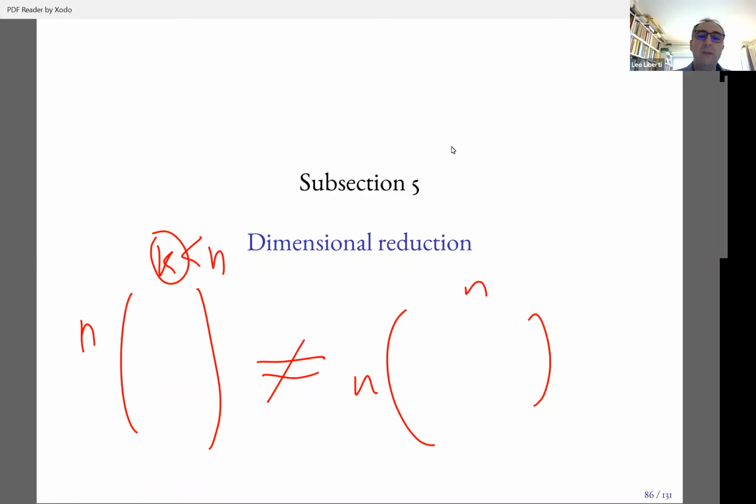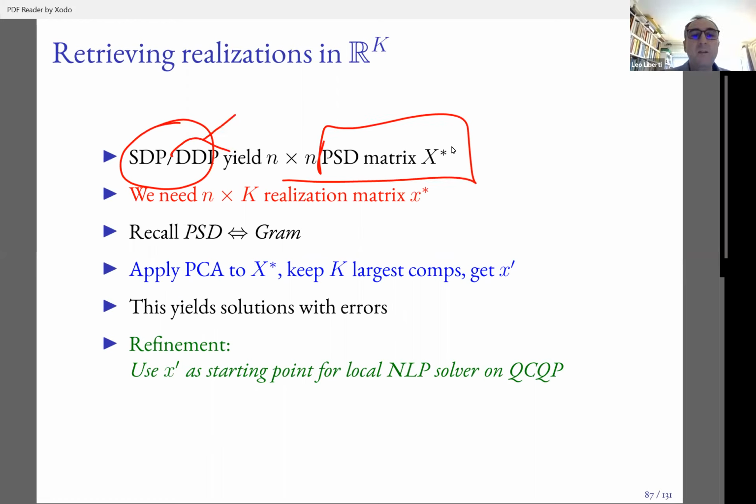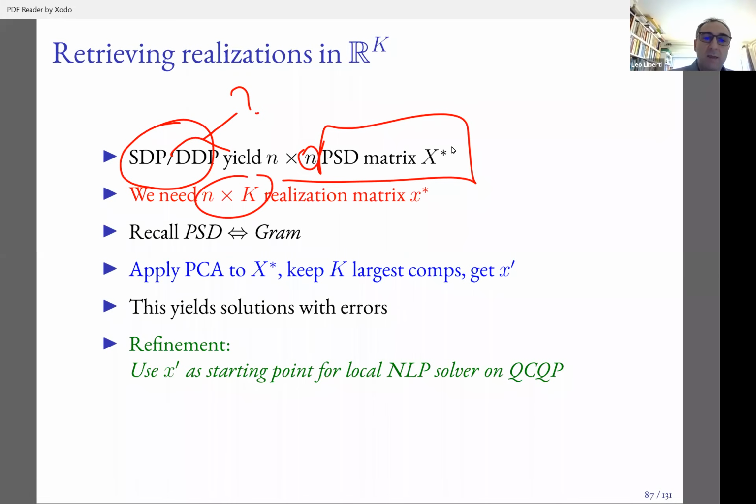How do we deal with it? Well, one way to deal with it is to lose dimensions. Okay, and because I already told you about principal component analysis as a way to lose dimensions, well, let's use it. Okay, so the SDP or the inner DDP will yield PSD matrices. Of course, the inner DDP may fail to be feasible, but suppose it is, like in my experiments with proteins, then you need to lower this n down to k.